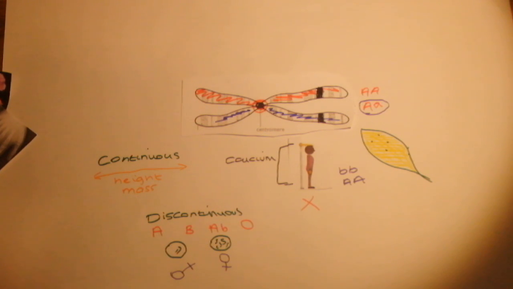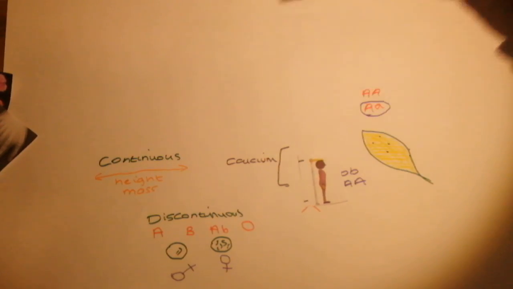So going on to a genetic cross diagram. When you draw a genetic cross diagram, there are a few things to remember. Number one, you have the alleles.